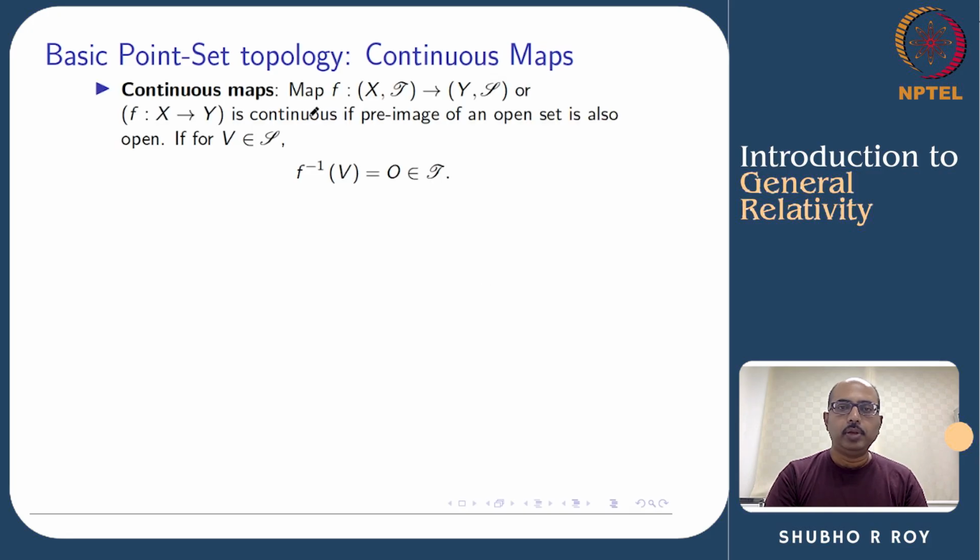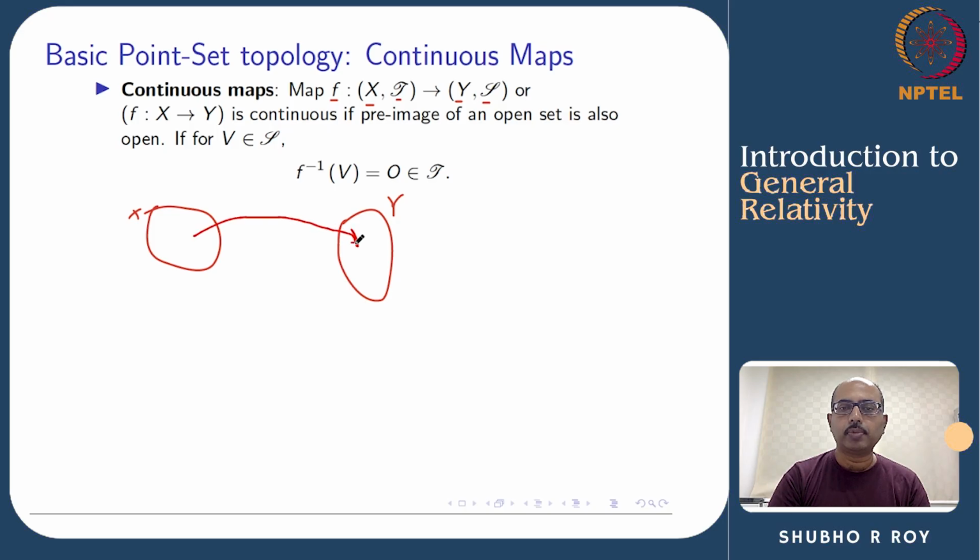Consider a map between two topological spaces X and Y, where script T and script S are the respective topologies, and F is a map which takes you from X to Y. Let me draw it. This is a map between sets.